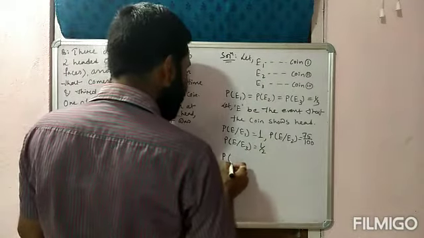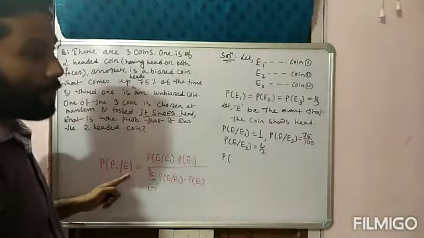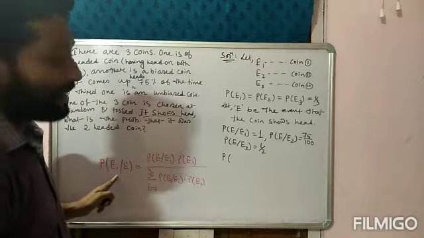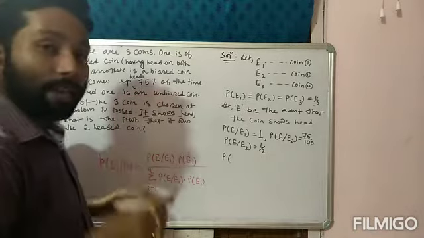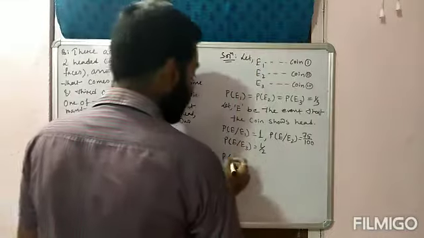So therefore probability of Ei slash E. So what will be the value of i here? It shows heads, and what is the probability that it was a two-headed coin? So two-headed coin means event E1.